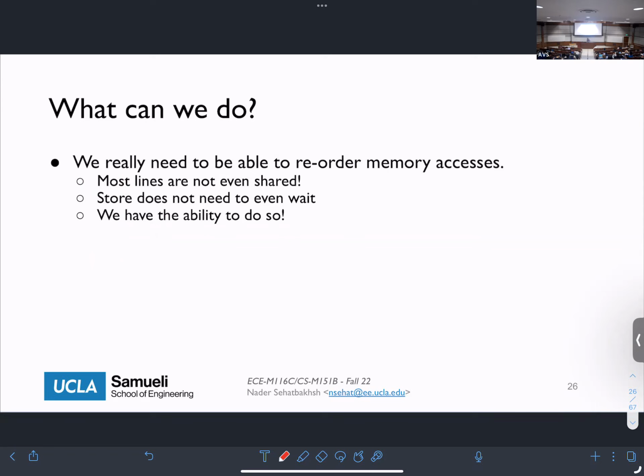Especially, we want stores to happen before loads or loads to happen before stores, because these are, again, separate addresses. So why should I wait for the stores to finish when I want to read completely different things from my memory? So some reordering would be nice, right?